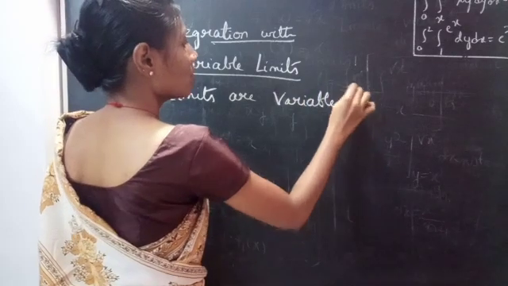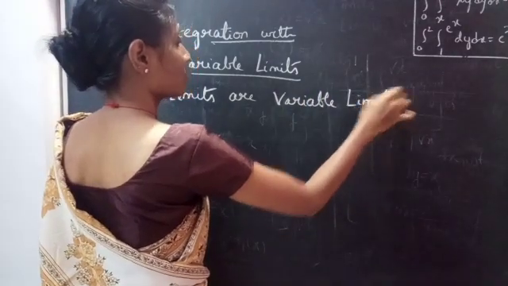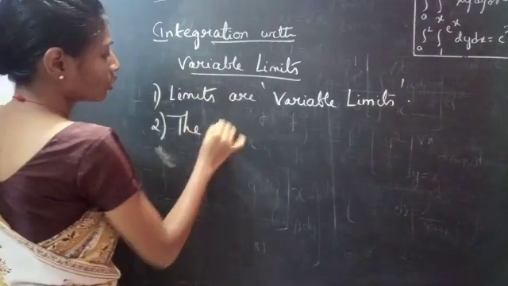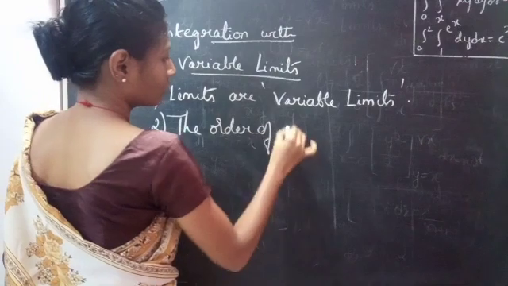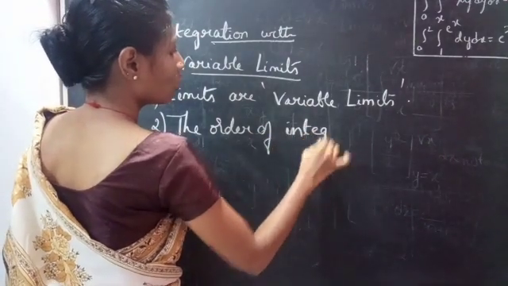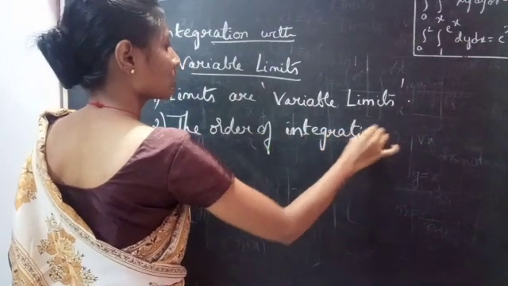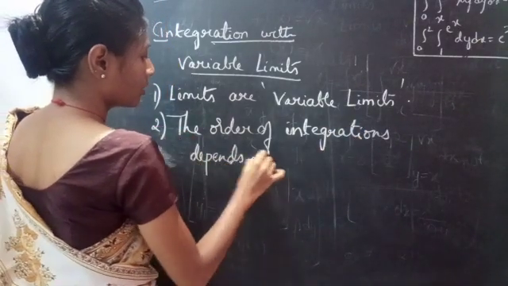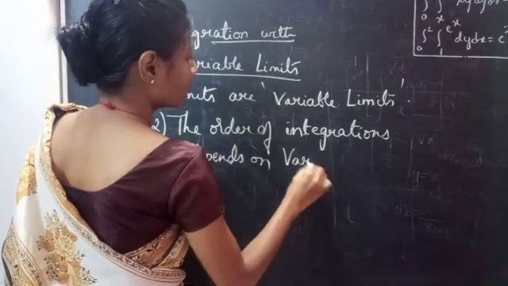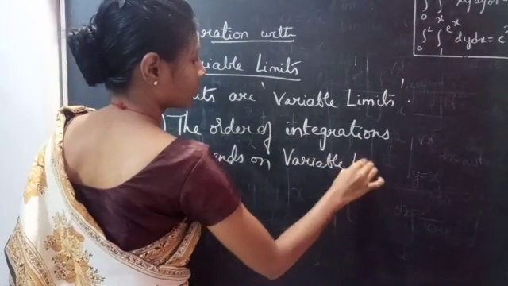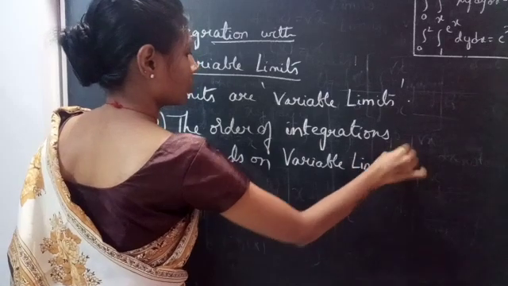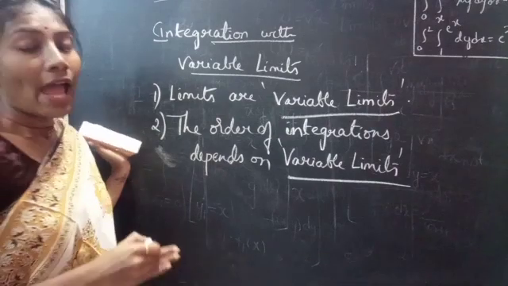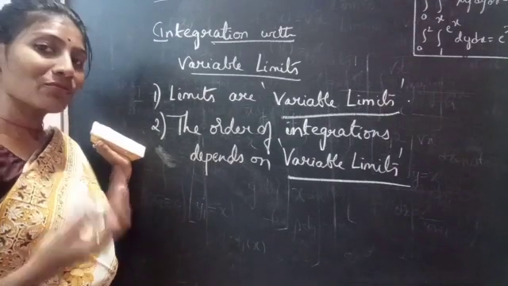And second one, the order of integration depends on variable limits. Limits must be variable limits and order of integration depends on variable limits.